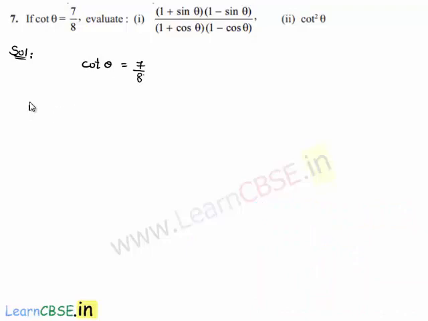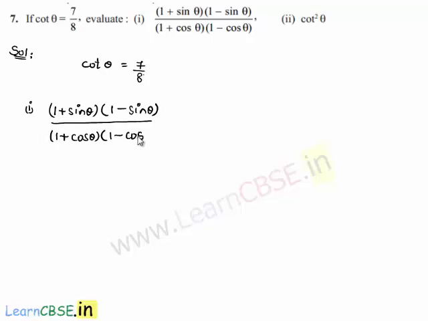In the first question, he asked us to find the value of (1 plus sin theta)(1 minus sin theta) by (1 plus cos theta)(1 minus cos theta).